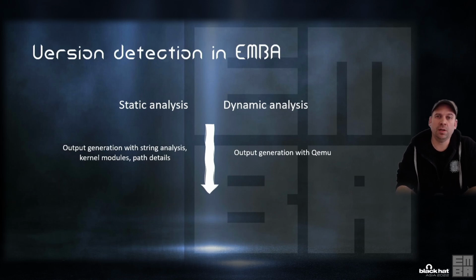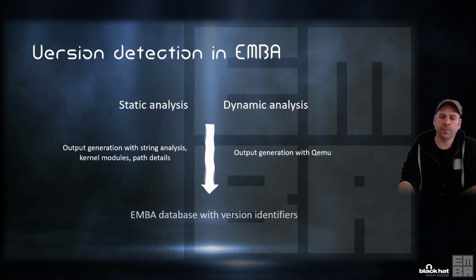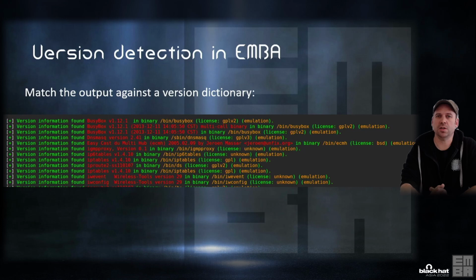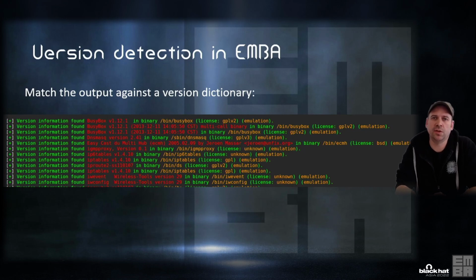Additionally, EMBA tries to emulate every binary from the firmware and generates output via this emulation process. And at the end, it doesn't matter if static or dynamic analysis. EMBA matches the output that is generated against a version database with different version identifiers. And you will get results like this.